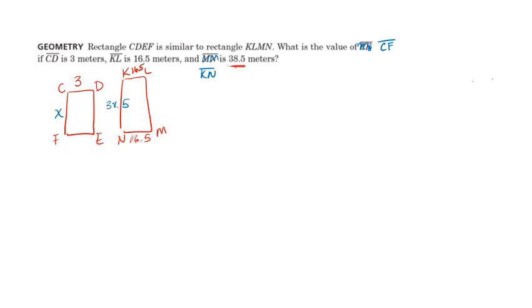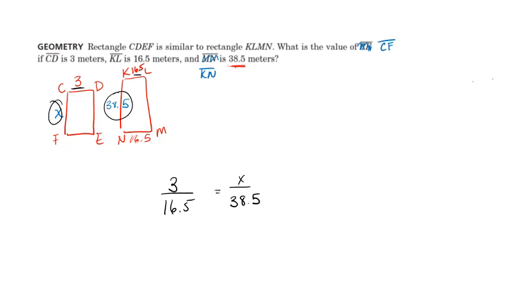All right, so we're going to do smaller over bigger still. So I'm going to do 3 over 16.5 because those correspond to one another. And then we're going to do x, smaller, over 38.5. All right. So again, we had to change the problem because someone didn't do their checking well there.